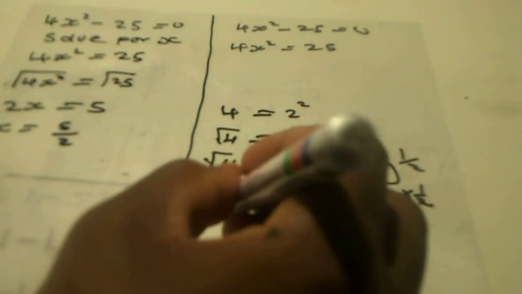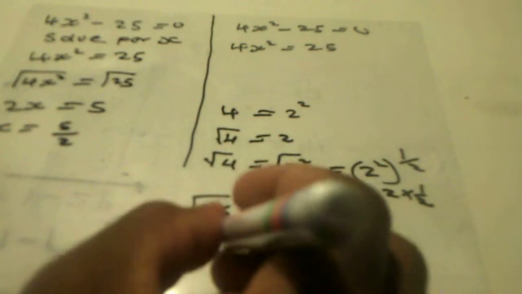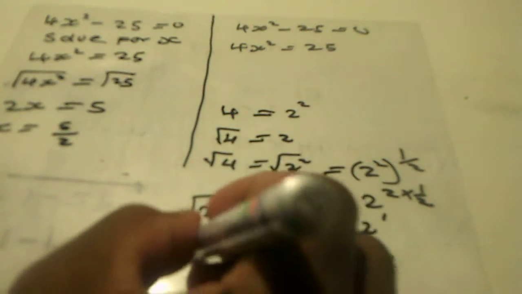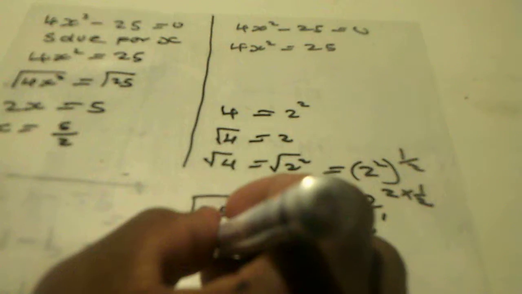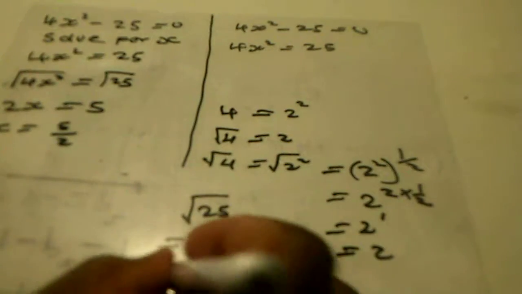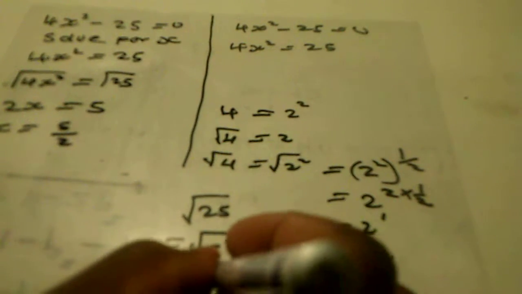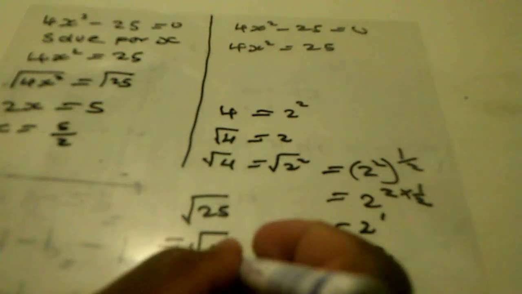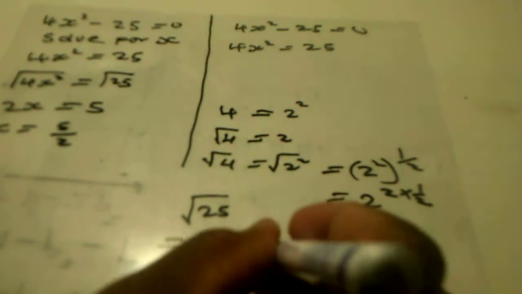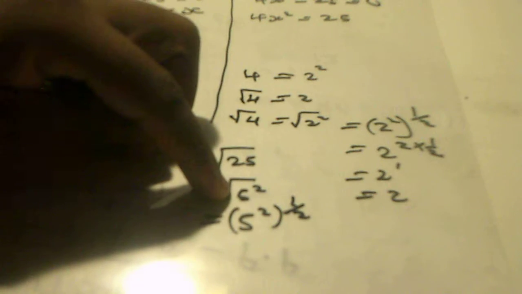The same thing applies with the square root of 25. The square root of 25 is equal to the square root of 5 squared, and then I'm changing the root sign to half, so I'll have 5 squared to the power 1 over 2, because now I have changed the square root sign into power half.